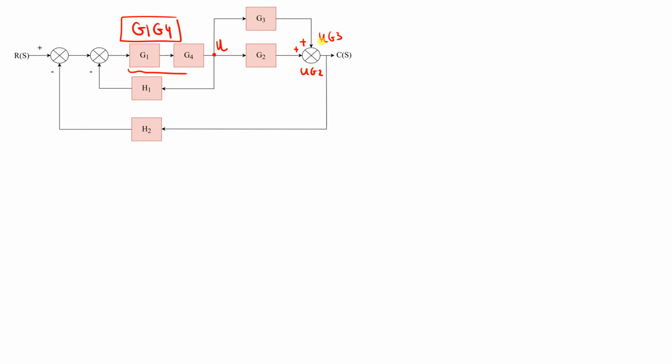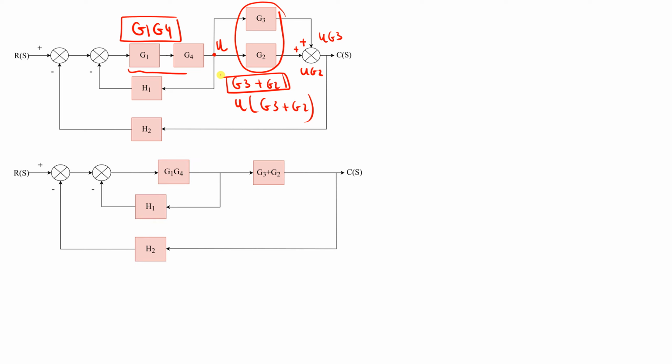When we add them together, we will have U times G3 plus G2, which means the equivalent of these two parallel paths will be their summation, G3 plus G2. So you can see G1, G4, and these became their summation.